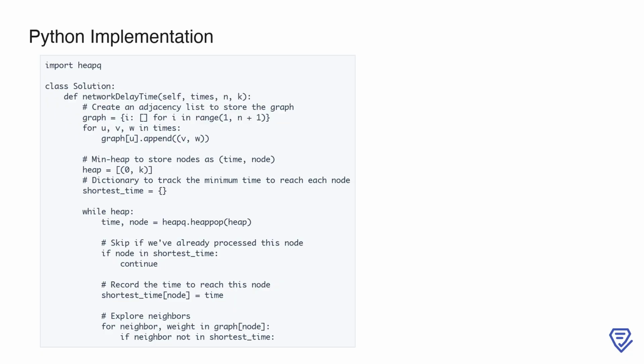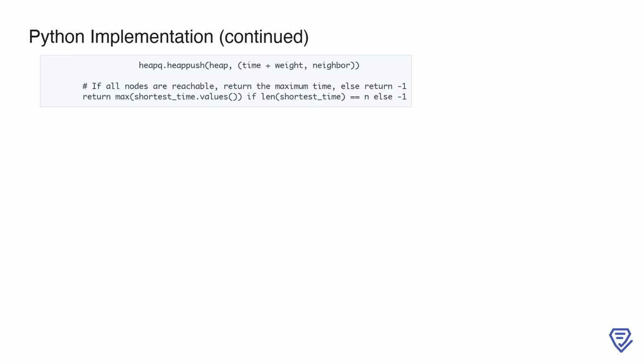Otherwise, we record the time taken to reach this node in the shortest_time dictionary. After that, we explore the current node's neighbors and calculate the time to reach each one. For each neighbor that hasn't been processed yet, we push a new tuple onto the heap. This tuple contains the updated time, which is the current time plus the weight of the edge leading to the neighbor, and the neighbor itself. This allows us to prioritize the shortest times as we continue processing the heap.